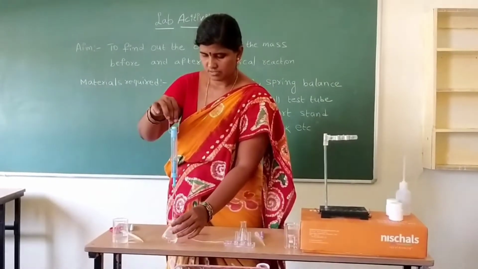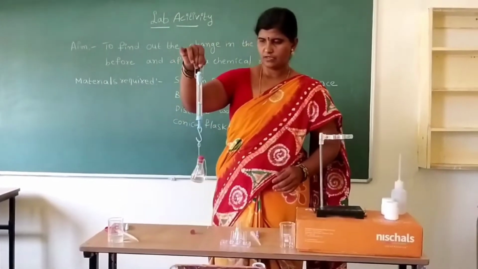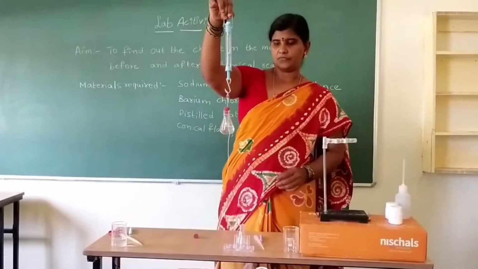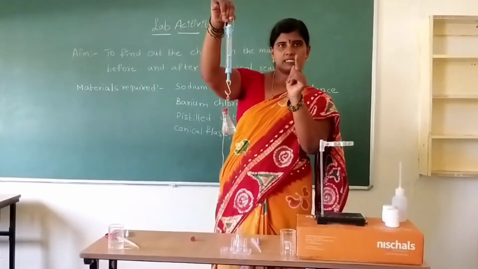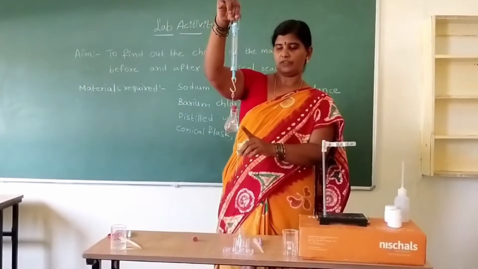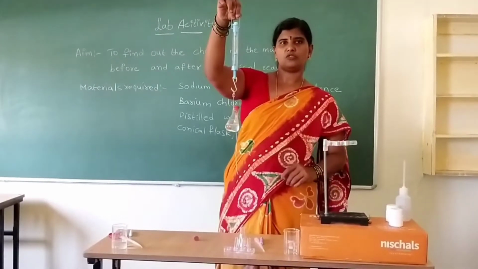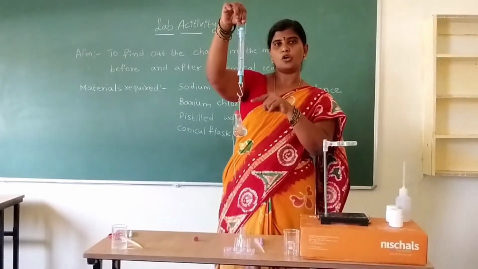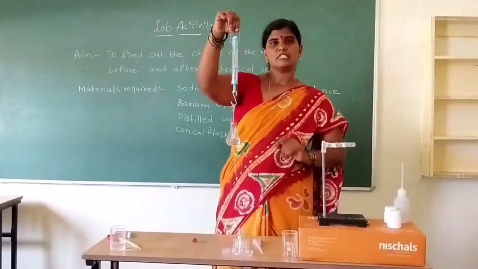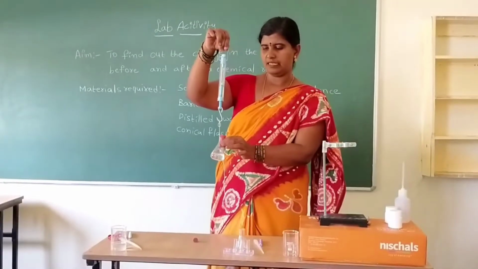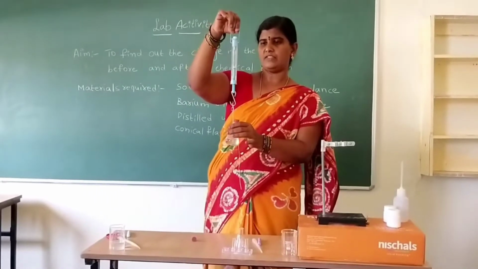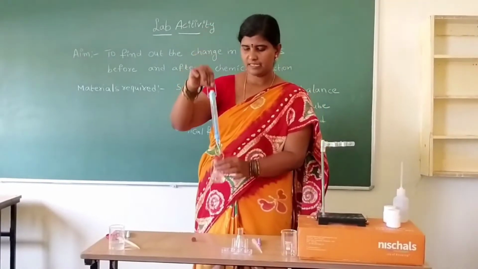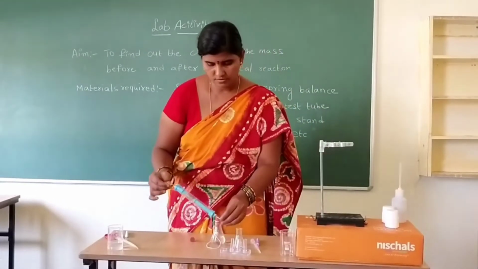Observe the reading. Barium chloride is in the small test tube. Sodium sulfate is in the large conical flask. They are not mixing. We are weighing both the masses with the help of the spring balance. Then note the weight reading in the notebook.